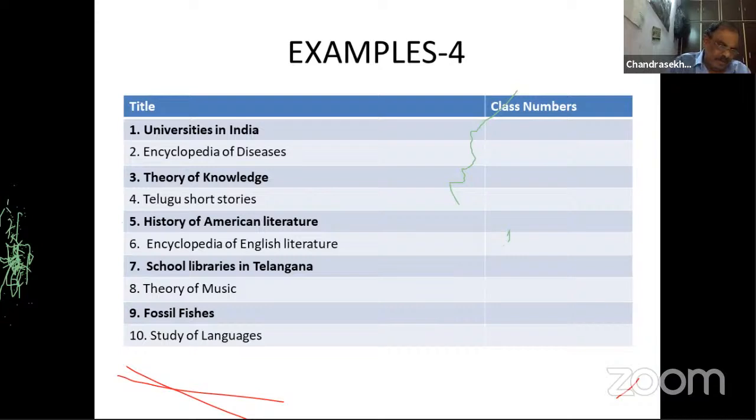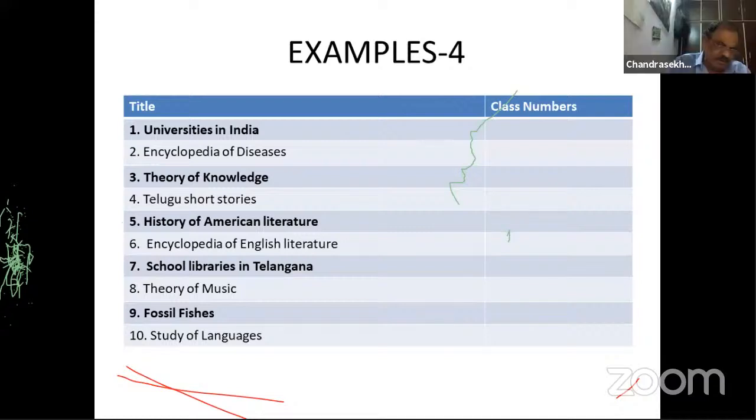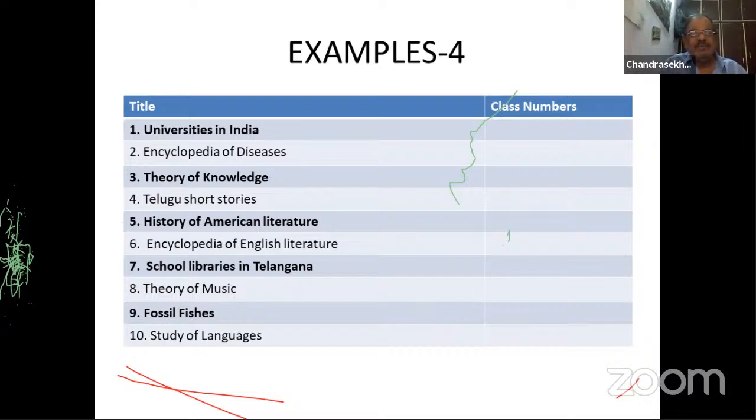Add to the base number 378 notation 4 to 9 from table 2. For example, higher education in Mexico is 378.72. They have added Mexico's number as 72. So here, what is the number for India? 54. 378.54.